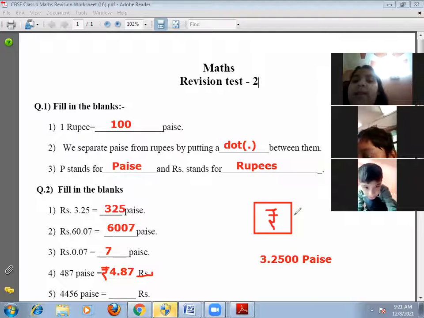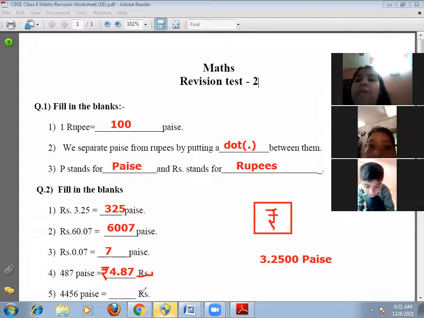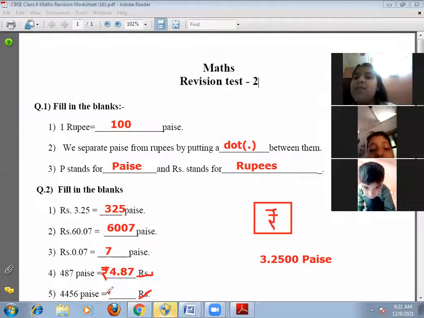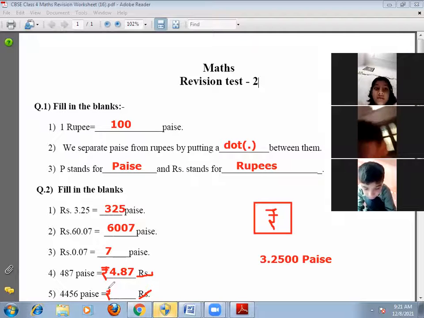Ma'am, 4456 paise is equal to dash rupees. Yes. Ma'am, 44.56 rupees. Can you repeat your answer once again? Ma'am, 44.56 rupees. Very good. So what have we done here? Can you tell me what we have done here?